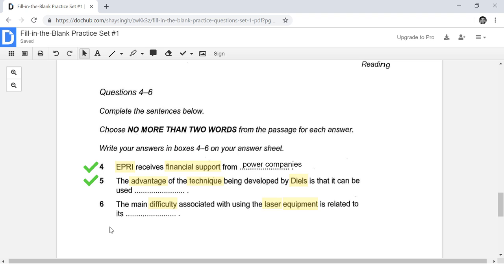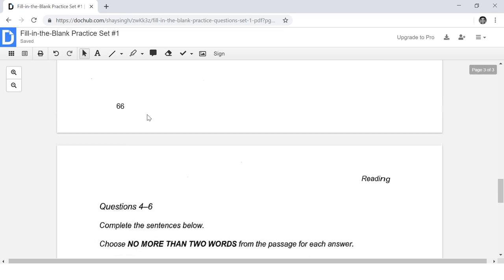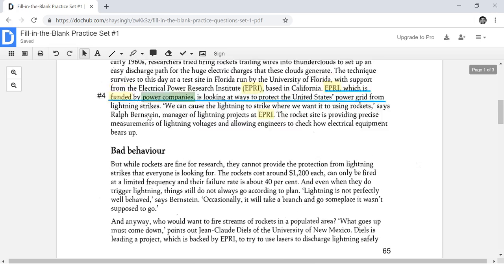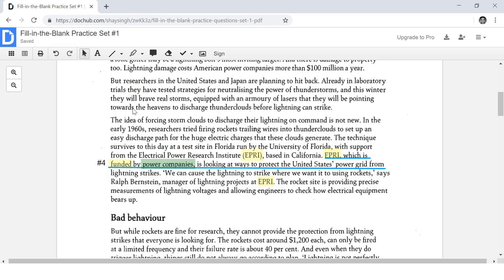Remember, these fill in the blank questions always go in order, so that means that the answer to number 4 will come before the answer to number 5, and then the answer to number 5 is going to come before the answer to number 6. So you're going to find the answers to these questions in order. You're going to find them one after the other after the other.